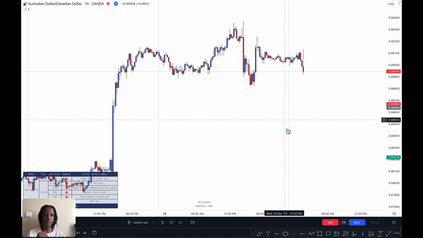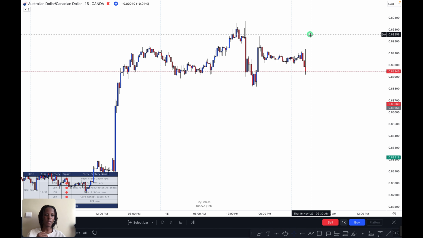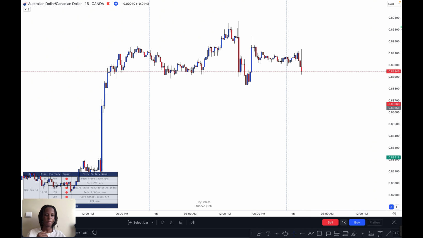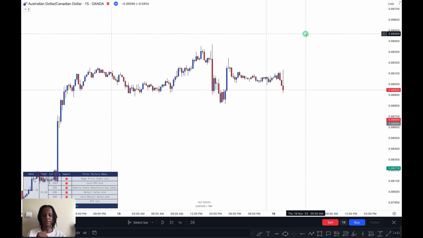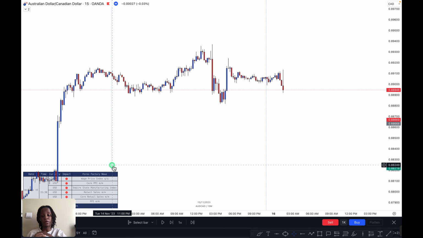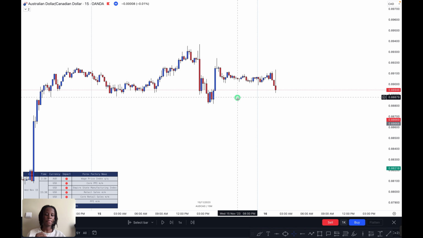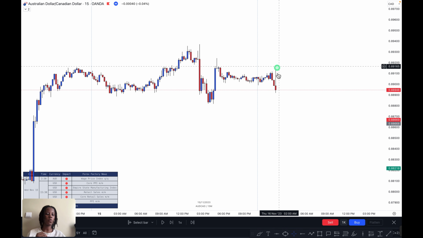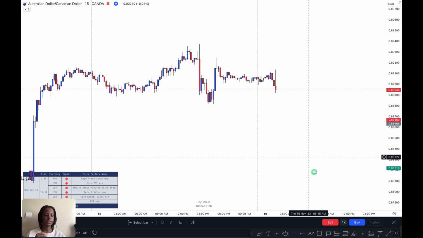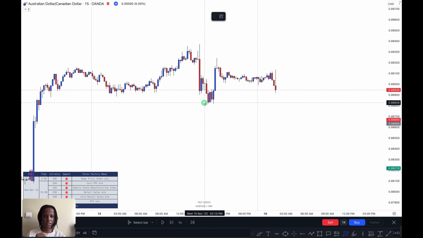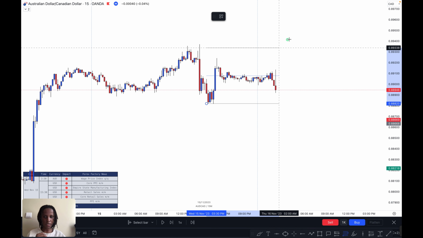Remember, use the Fibonacci. You can even check the day exactly here on the calendar on your TradingView. I'm using an indicator, but here it's not updating because it's still showing November 15th while we are on November 16th. So the same thing, we draw our Fibonacci.